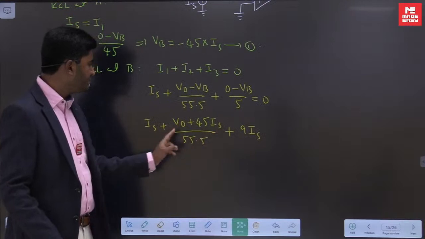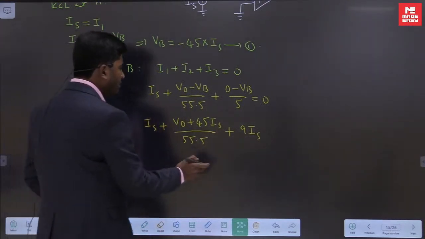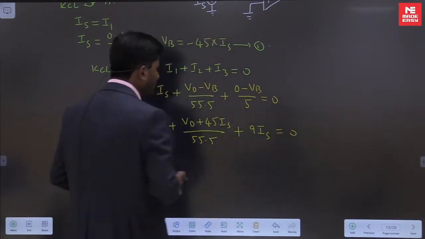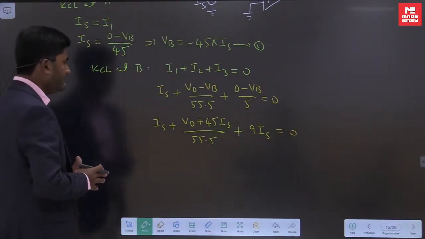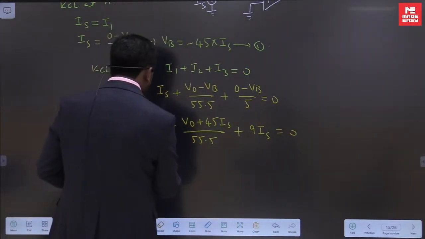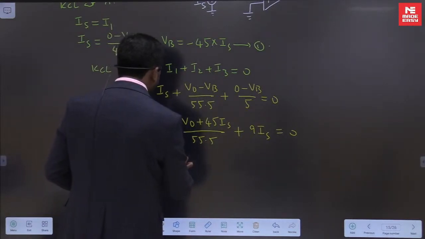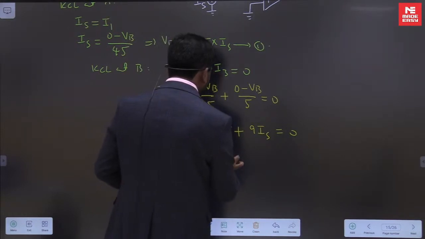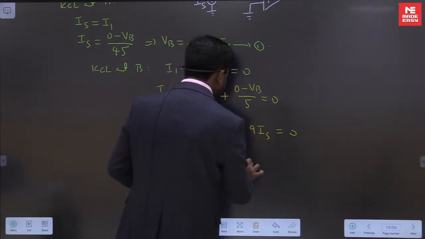That 9 IS plus IS will become 10 IS. You can simplify this further. Everybody knows how to carry out simplification. So simplify it. It will become 555 IS plus V0 plus 45 IS is equal to 0.